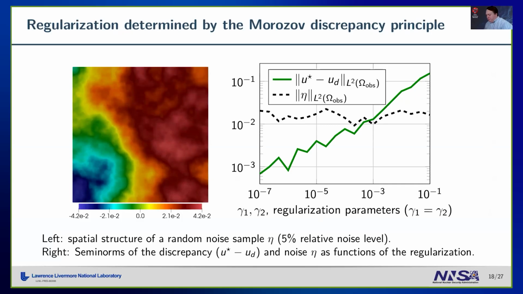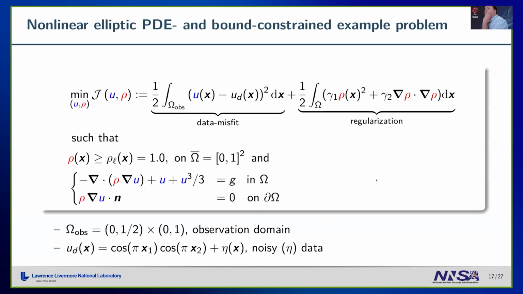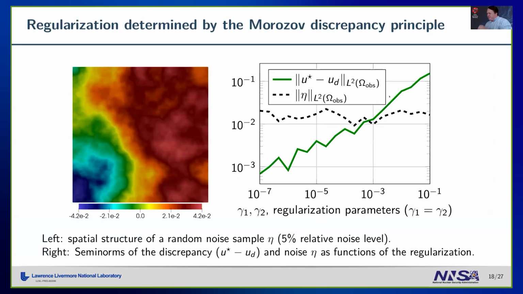There is a matter of effectively choosing the coefficients in the regularization term, gamma 1 and gamma 2. This is a fairly standard approach, but I just want to mention that we chose the regularization parameters through the Morozov discrepancy principle.